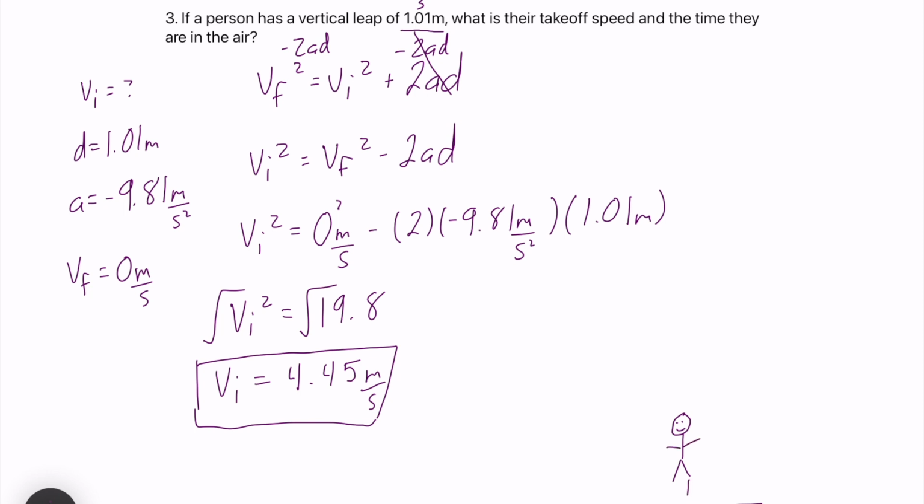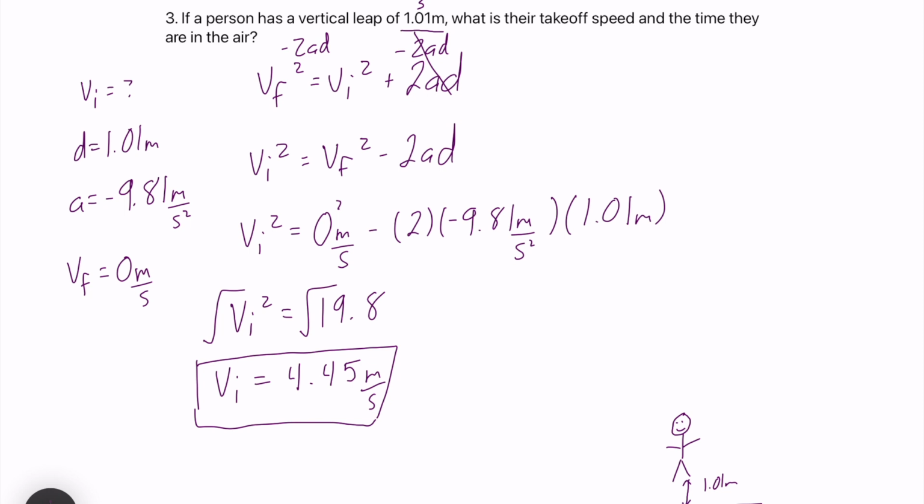And let's say this distance here is that 1.01 meters. So when we solve for time here, what we are actually going to be solving for is the time it takes this person to reach the peak of their jump. So the time it takes this person to reach 1.01 meters off of the ground.